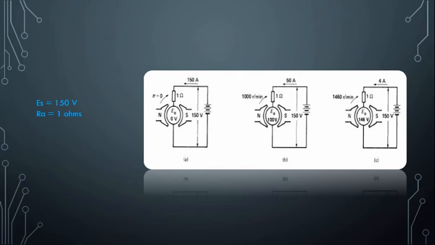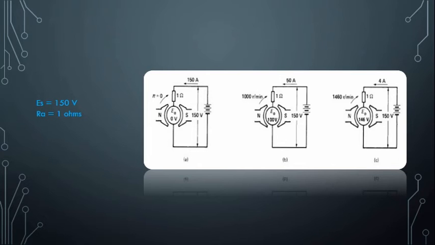So the current flowing through the motor circuit will be 150 volts divided by 1 ohm, and that will give us 150 ampere. You can imagine the quantity of current at starting. The starting current is 150 ampere in this case, and to limit this 150 ampere we need a starter. See, things start getting easy if you understand the basic concepts.